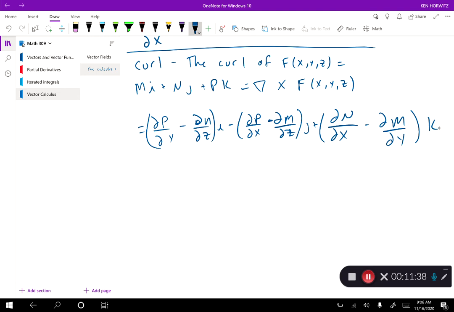This seems like an awful lot, but I'm going to show you that it really isn't. If the curl of F equals 0, then F is irrotational.